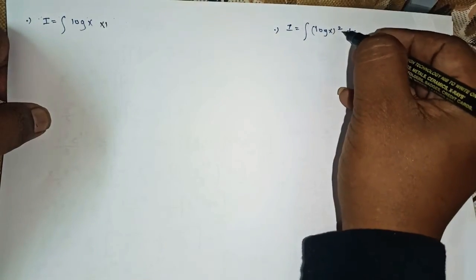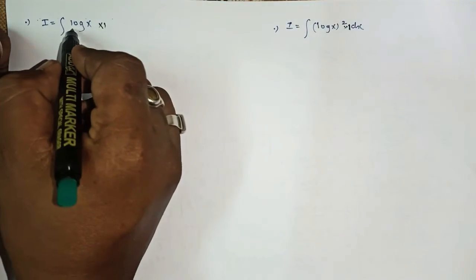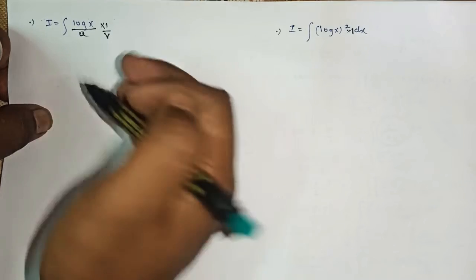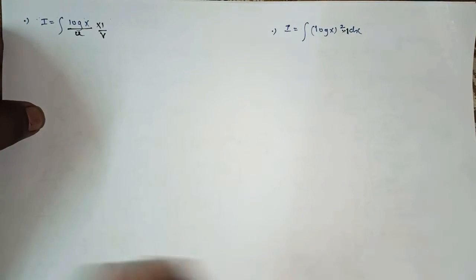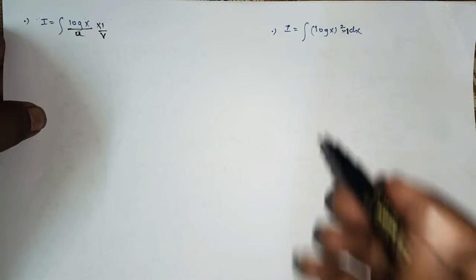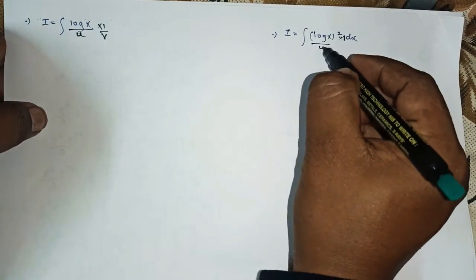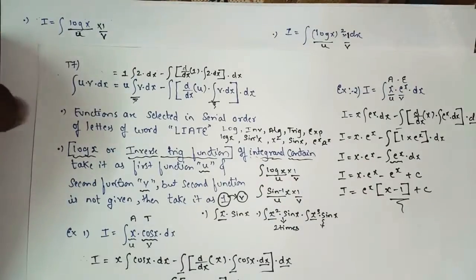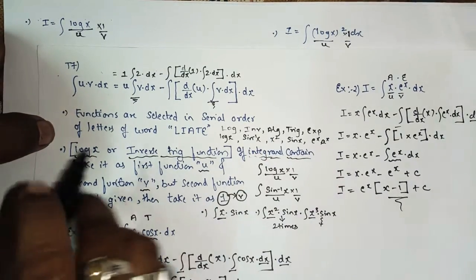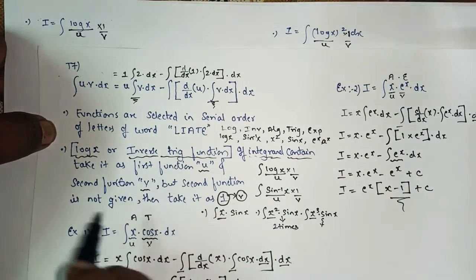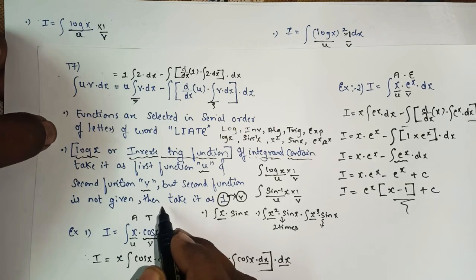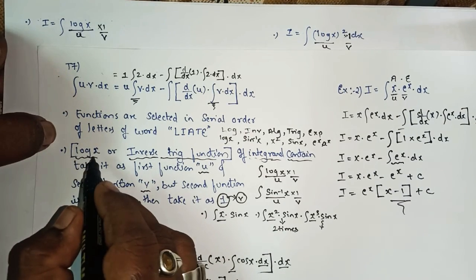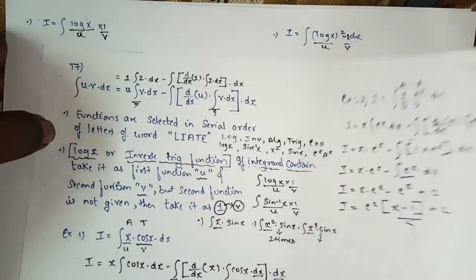The first part we always consider as u, and second part as v. If you interchange, you will end up getting the wrong answer. Always see to it that you multiply this function by 1, take the log as u and 1 as v.